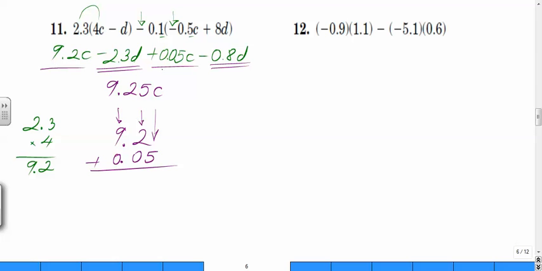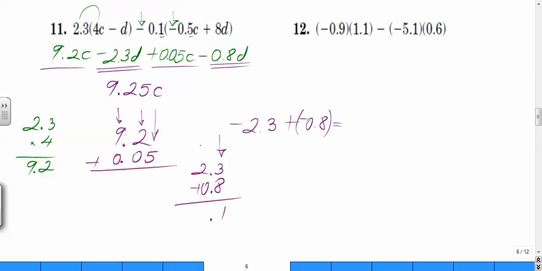Now, same story here. Negative 2.3d minus 0.8, and you can take it separately. So I have negative 2.3 minus 0.8. Well, when you subtract, you add the opposite, right? So basically, I have 2.3 plus 0.8 first, because that's the rule. If they have the same sign, you just add them up, right? Make sure your decimal points are lined up. 8 plus 3, and you go right to left, would be 11.